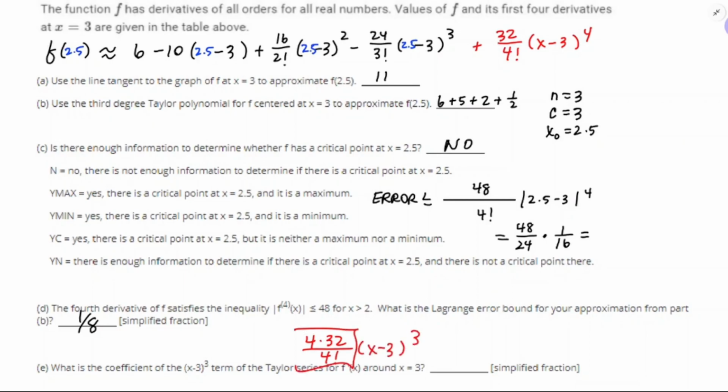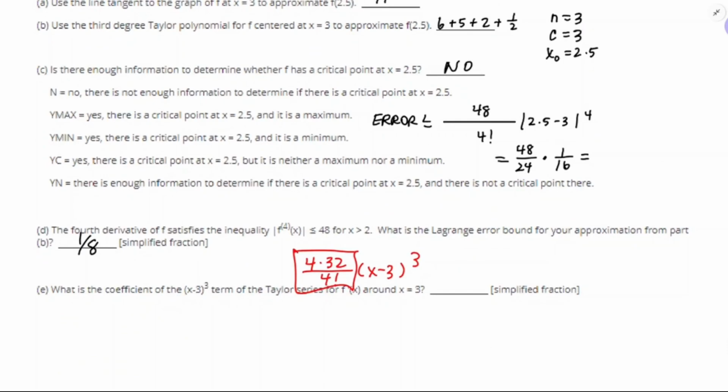So that's going to be the coefficient. I guess we need to simplify that. So 4 times 4 times 2, divided by 4 times 3 times 2. So I'm going to start canceling stuff off, and I'm going to have 16 thirds. And that will be my simplified fraction.